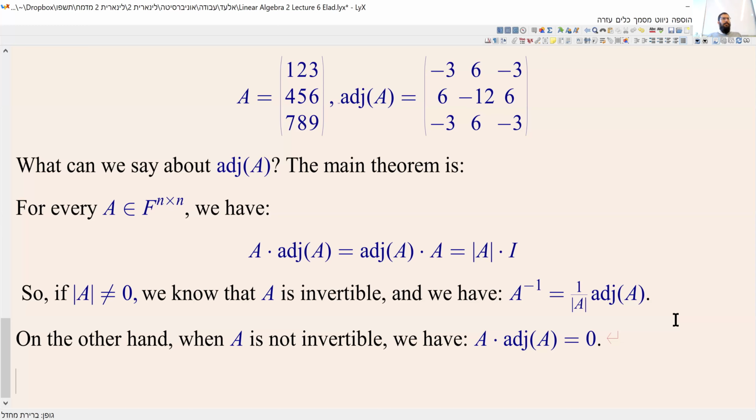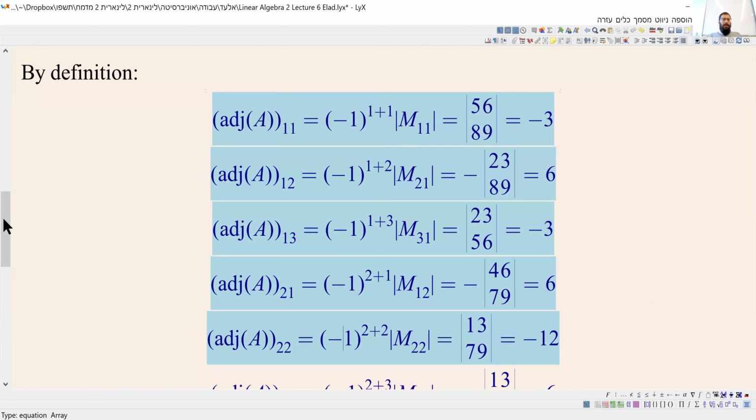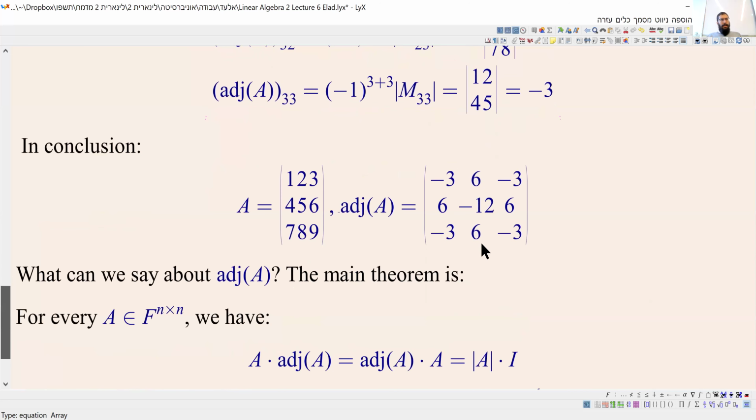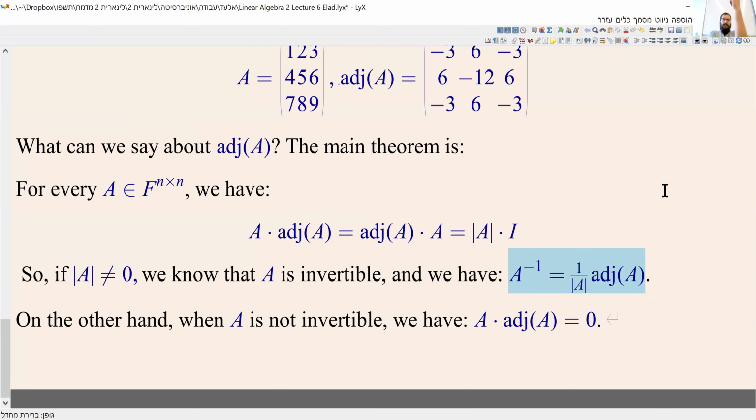I feel like what we did until now is very technical and a lot of explanation, but I'm not sure, I can miss something. First we started with the definition and then a very technical example, calculating 9 elements of the matrix. But then we studied the following theorem: what can we do with the adjugate matrix? In the bottom line, we can find the inverse, and that's an important, significant equation.